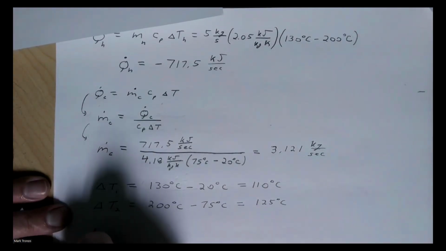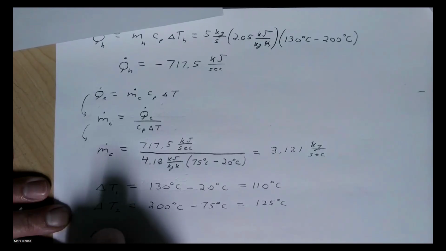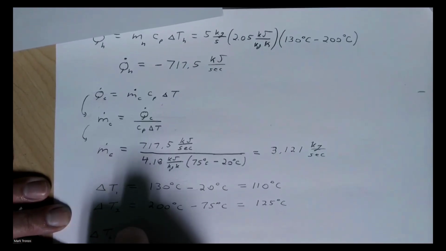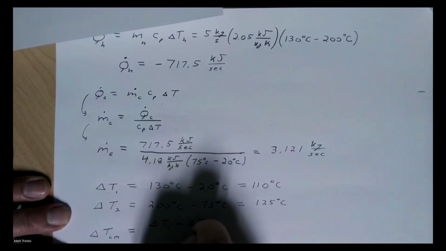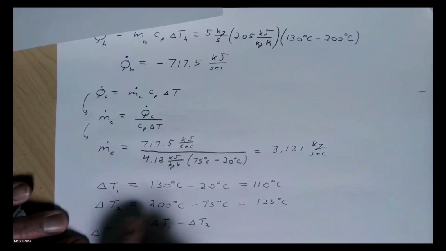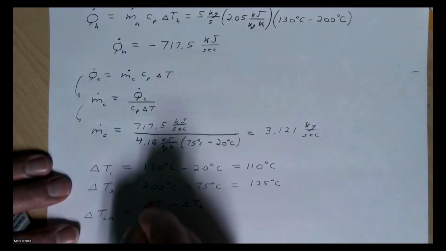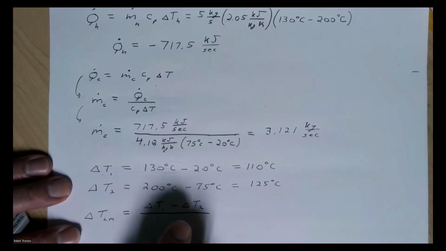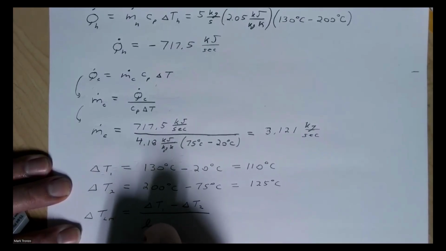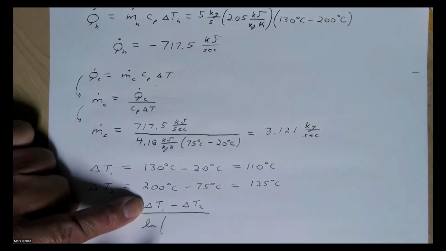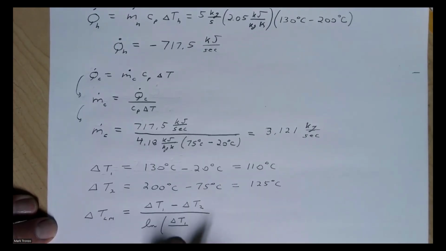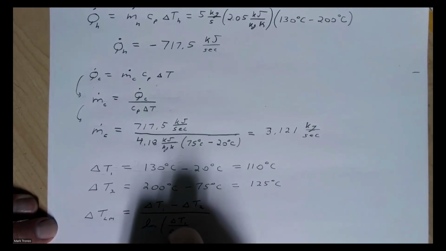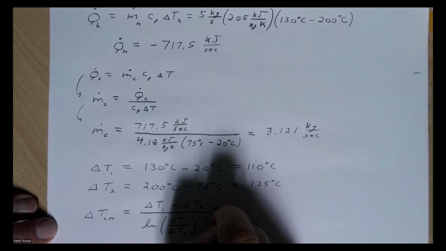And then do your log mean temperature difference. And again, I'll put it this way. And once again, it doesn't matter which side you picked, is delta T1 or delta T2. And also here, it doesn't matter which order you put them at the top. The only extremely important thing is whatever you put over here goes in the numerator of the log, and whatever you put the minus with goes in the denominator of the log, like this.